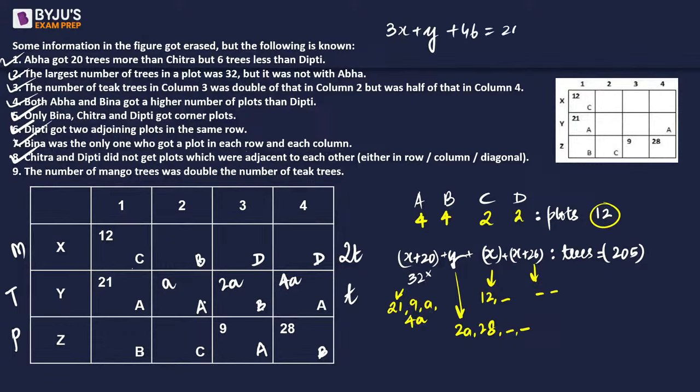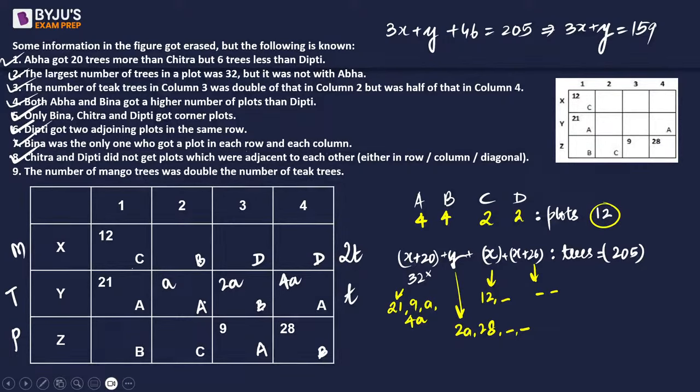That is equal to 205. That will give us 3x plus y is equal to 161, I believe. No, 159, I believe. Right? 159 plus 6 is 165. 165 plus 40 is 205.